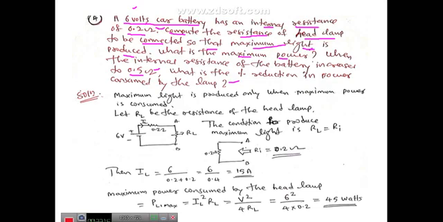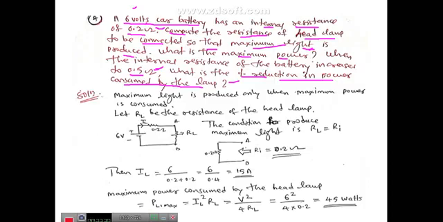Then, when the internal resistance of the battery is increased to 0.5 ohm, what is the percentage reduction in the power consumed by the lamp? That is what is asked in this problem.